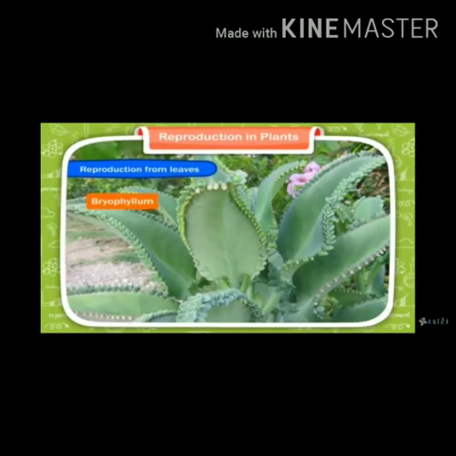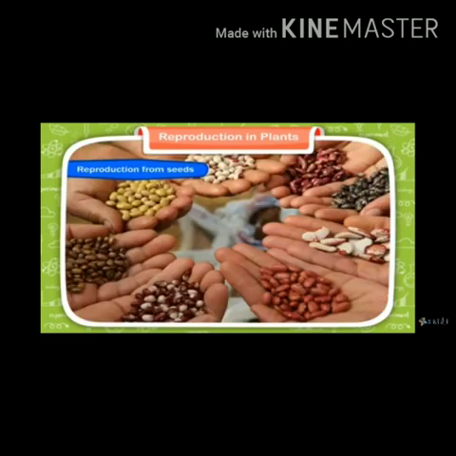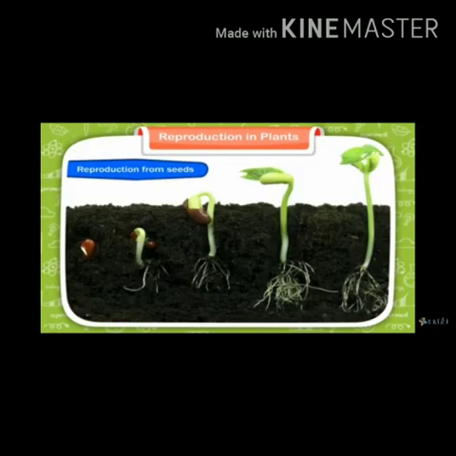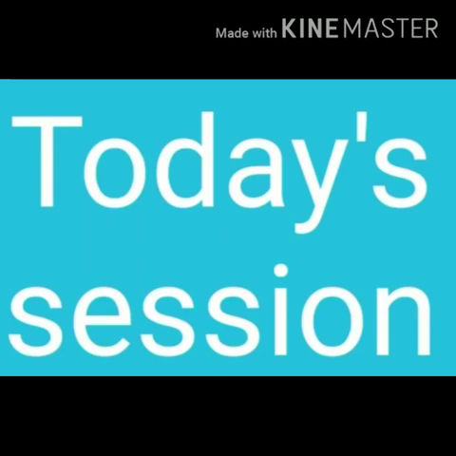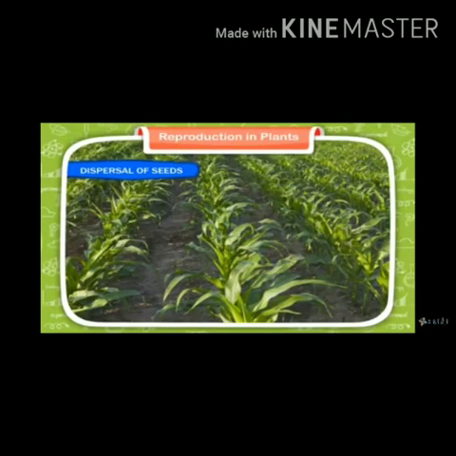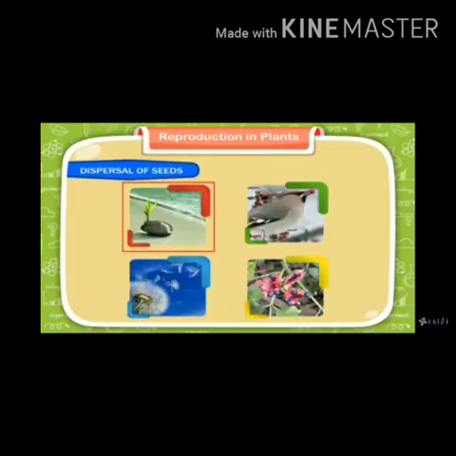We have studied propagation through leaves, taking the bryophyllum plant as an example, and reproduction through seeds and its parts, and germination of a seed into a new baby plant. In today's session, we shall discuss the dispersal of seeds and the various dispersal agents that scatter the seeds through wind, water, animals and explosion.